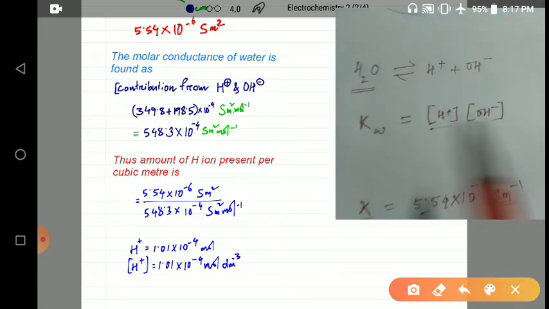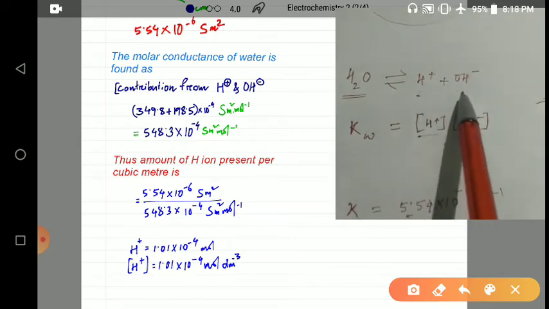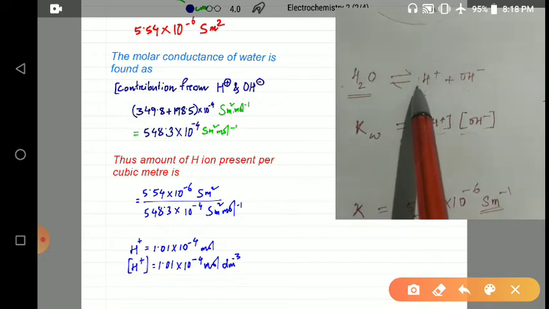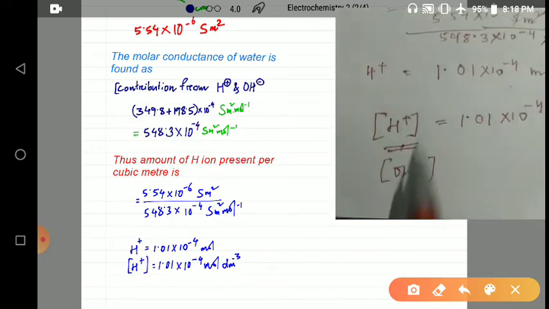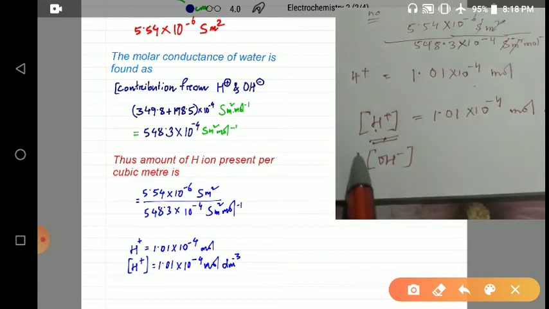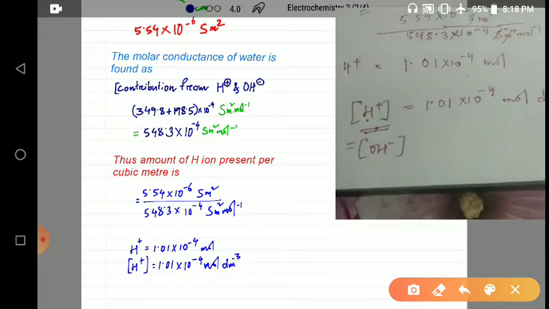Why? Because for 1 mole of water we get 1 mole of H positive and 1 mole of OH negative ion, so the concentrations are also equal.